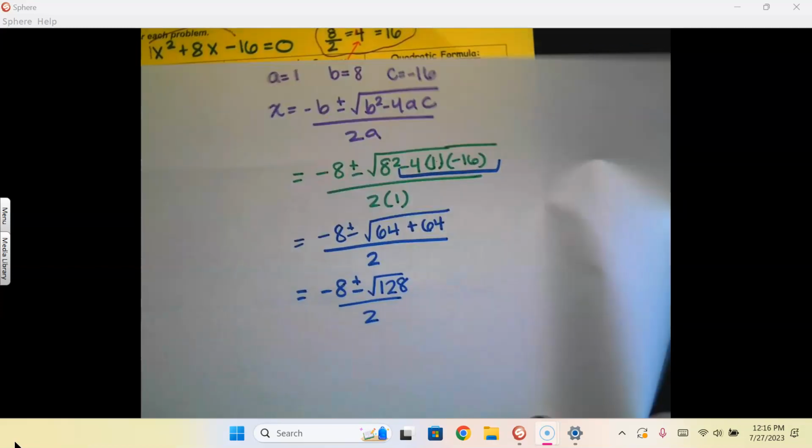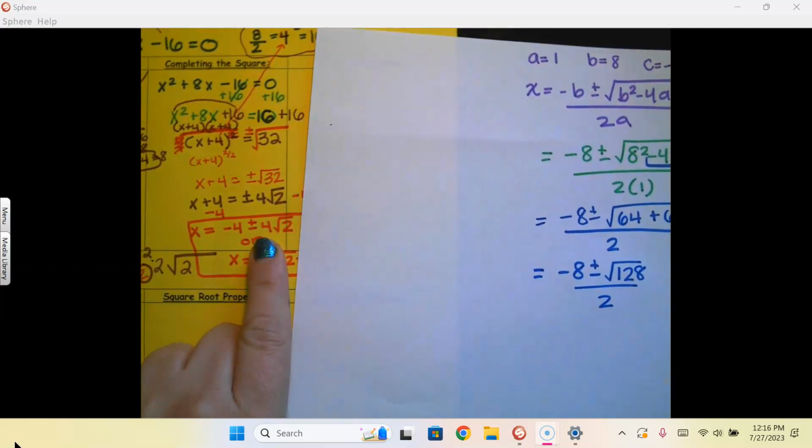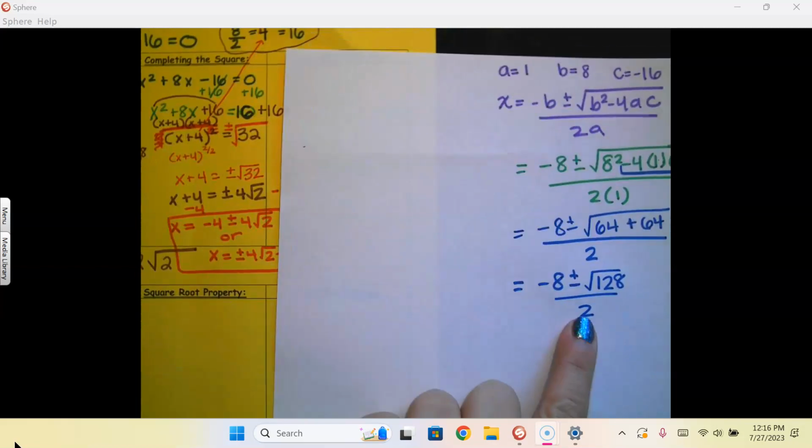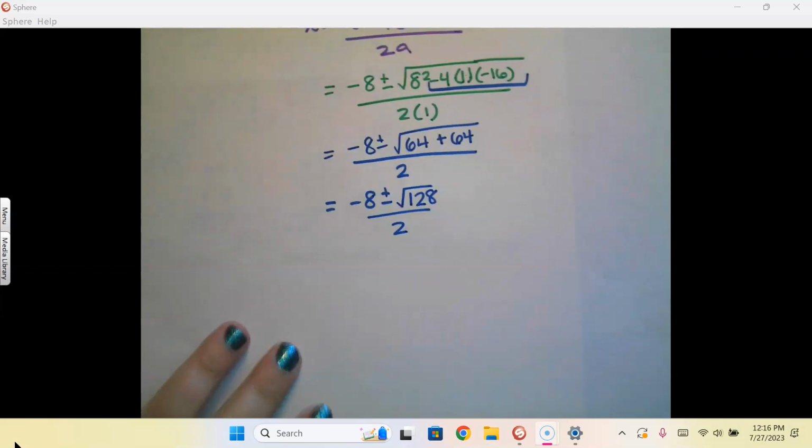Okay, now this here is not the answer we got here because it's not simplified. So we're not done because we didn't get the same answer as the completing the square. It doesn't look the same, but this will simplify to the same thing.